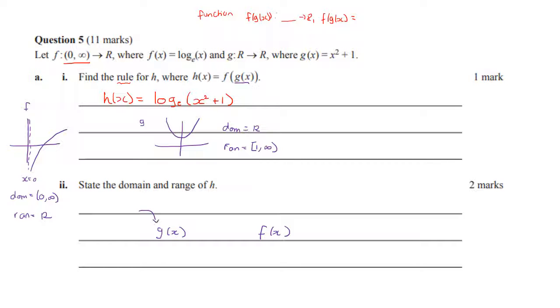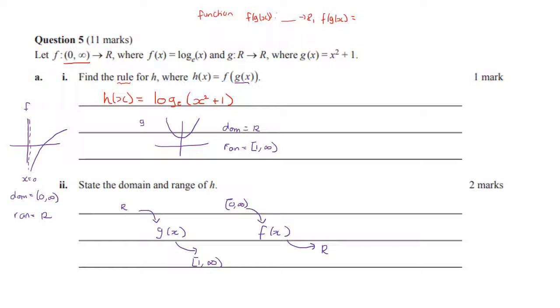So what goes into g of x is our domain of g, which is the reals. What comes out of g of x is the range of g, which in this case is from 1 to infinity. What goes into f is the domain of f, which is from 0, round bracket, 0 to infinity. And what comes out of f is the range of f, which is the reals.